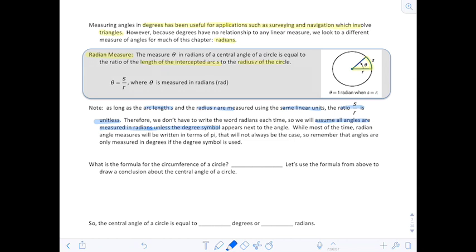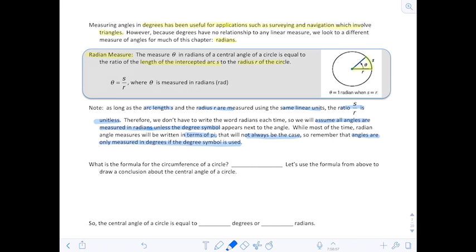So the degree symbol is now going to be very important. It's going to distinguish whether we're talking about degrees or radians. While most of the time radian angle measures will be written in terms of pi, that's not always the case. So remember, angles are only measured in degrees if the degree symbol is used. That's something we're going to have to practice and get used to.